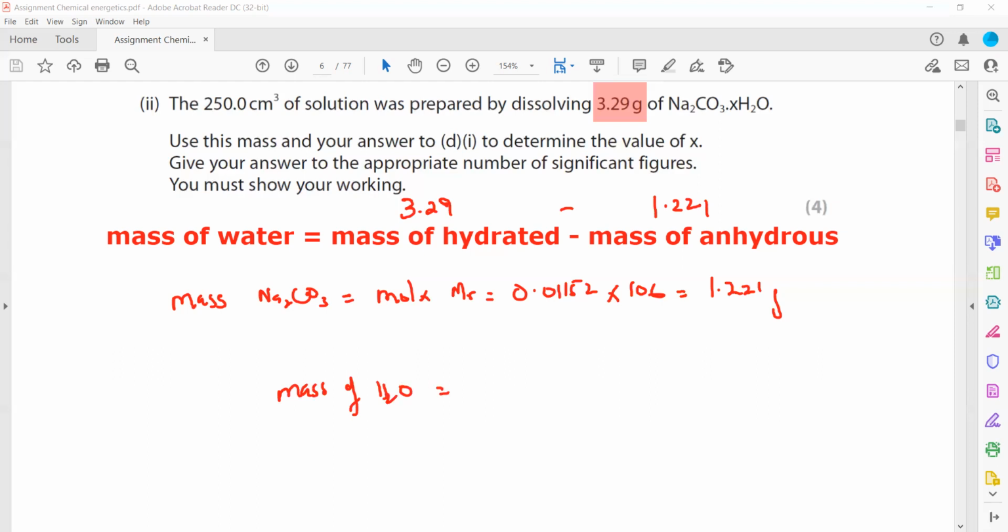The difference in the two masses is 2.0688. Then the moles equal the mass in gram, 2.0688, divided by the molar mass of water, which is 18. When we divide this, we get 9.98, which is approximately equal to 10. Because the value of x should be a whole number, x is equal to 10, the nearest whole number.